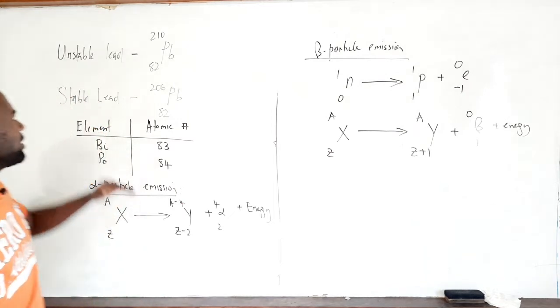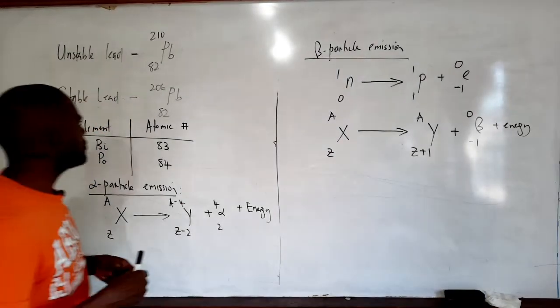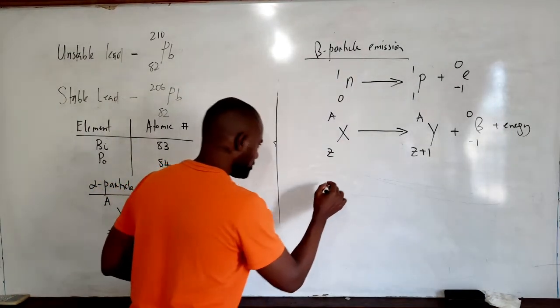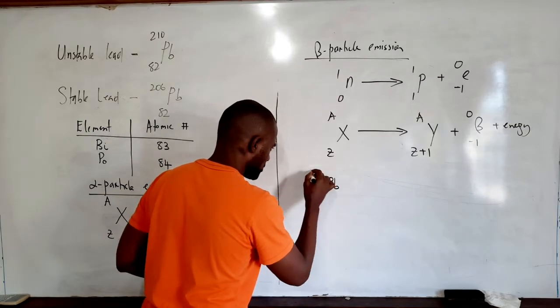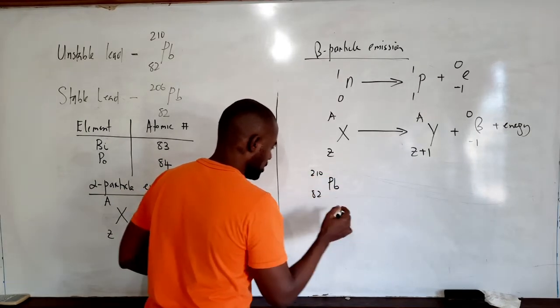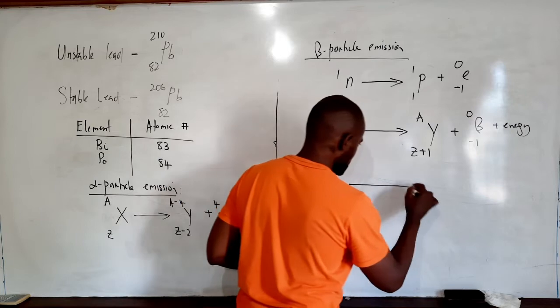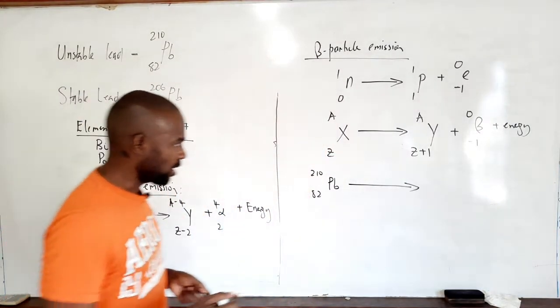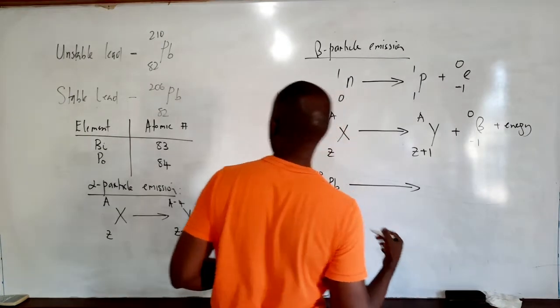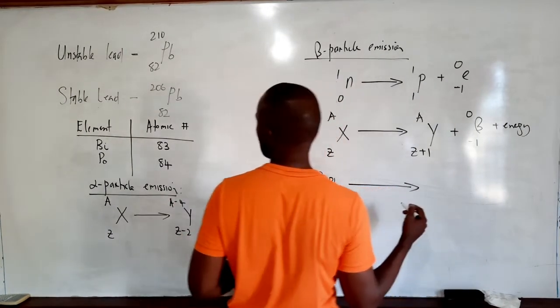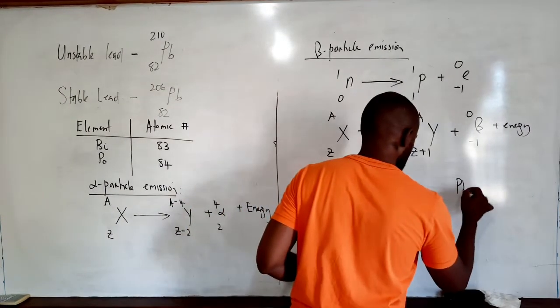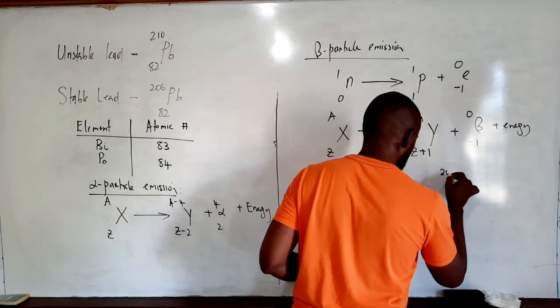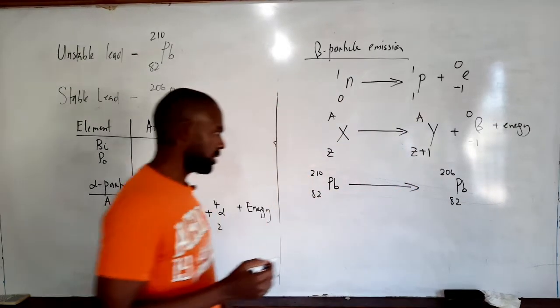So essentially, lead 210 82 will undergo a few transmutations and eventually will produce stable lead, Pb 206 82.